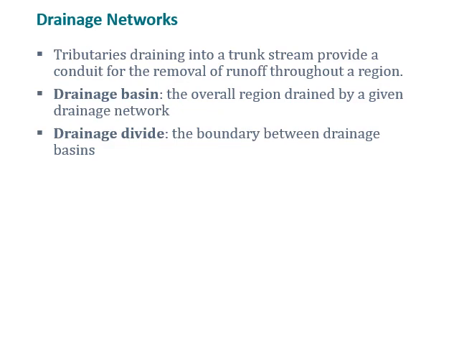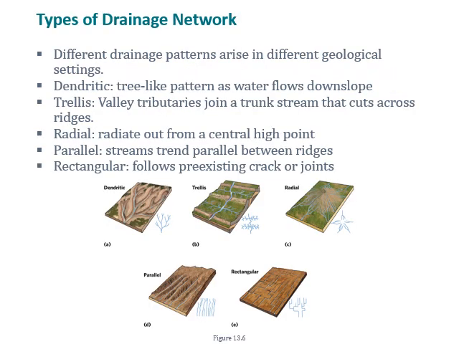We can define drainage basins as the overall region drained by any given drainage network, and drainage divides as the boundary between drainage basins. There are several types of drainage networks that arise in different geological settings. For example, there are dendritic, which are tree-like patterns for water to flow downslope, and trellis, which form in valleys and ridges where the flow is perpendicular to one another.